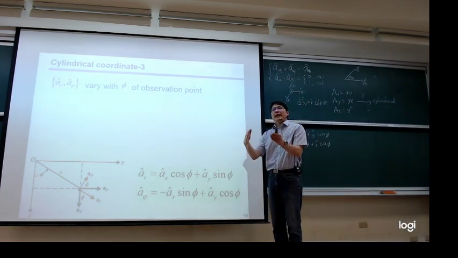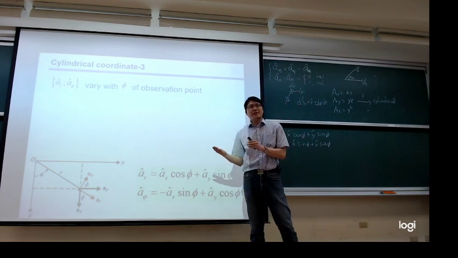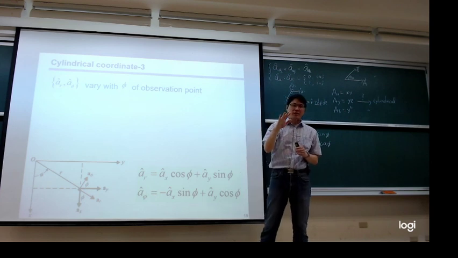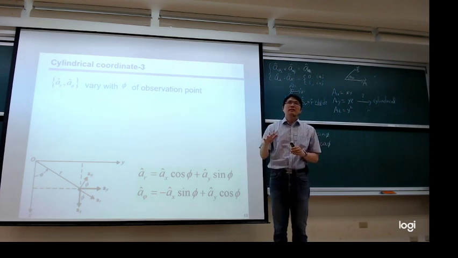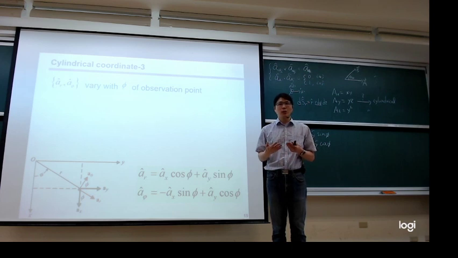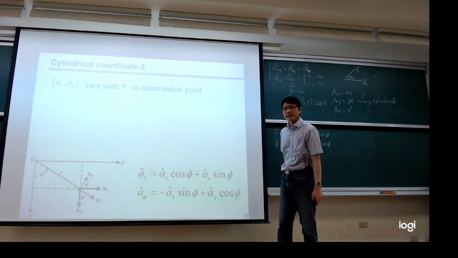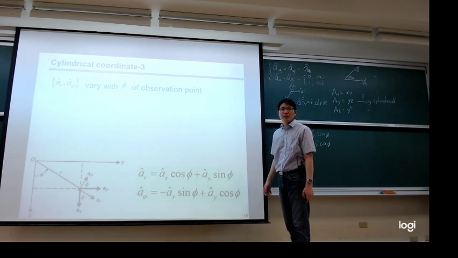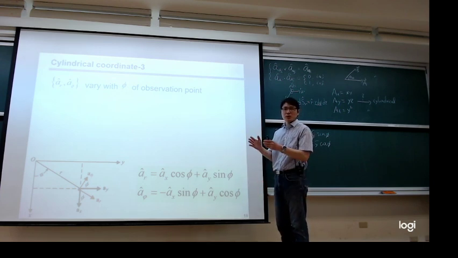So being able to convert or transform from one coordinate system to the other is nothing more than just understanding the basic definition of a given orthogonal coordinate system. Okay? And then you can compare the unit vectors between two systems.